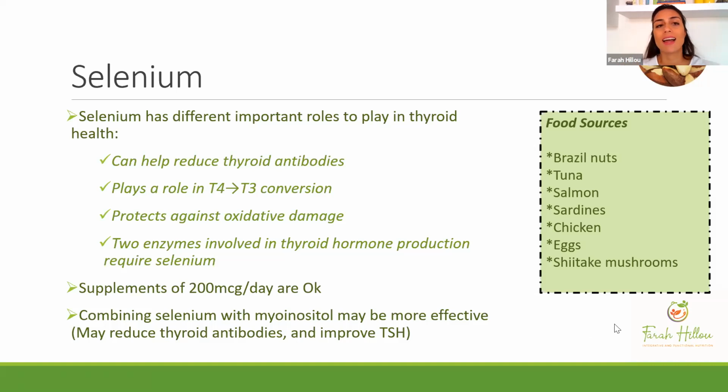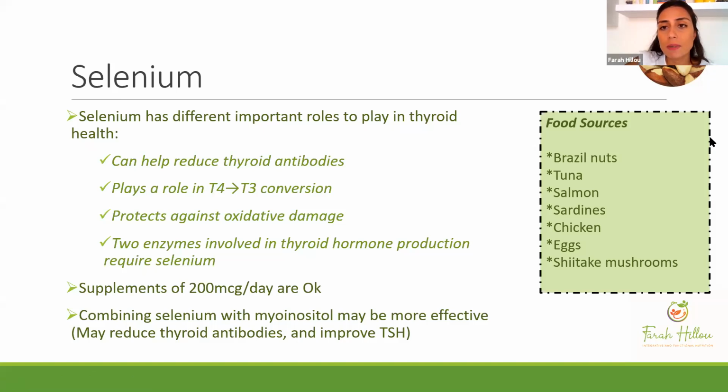Brazil nuts are an excellent source of selenium, though depending sometimes on their origin, the amount of selenium could differ. But on average, if you take 2 to 3 Brazil nuts a day, you could be meeting your selenium needs.